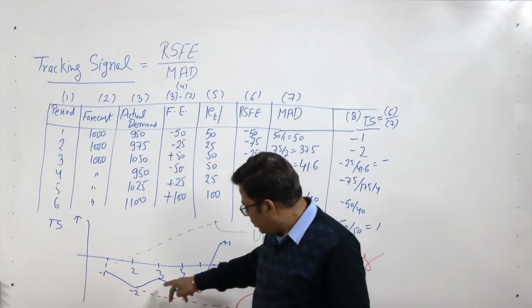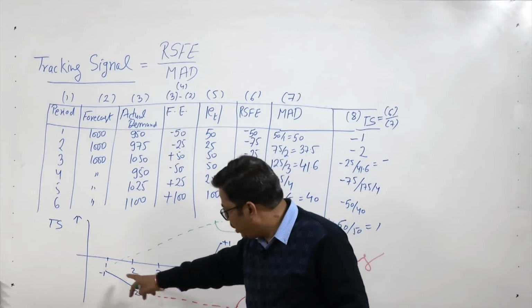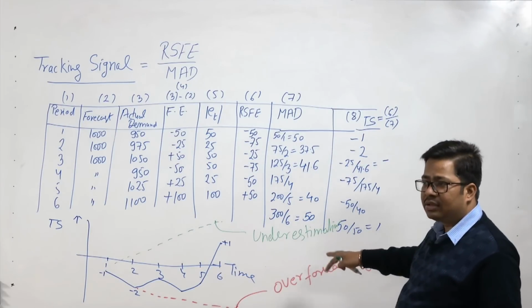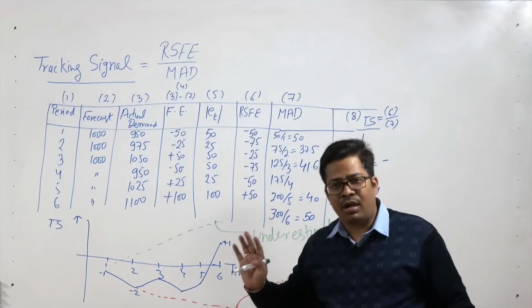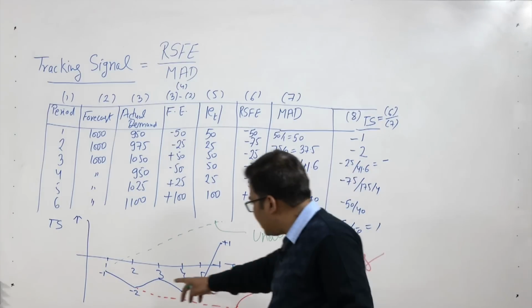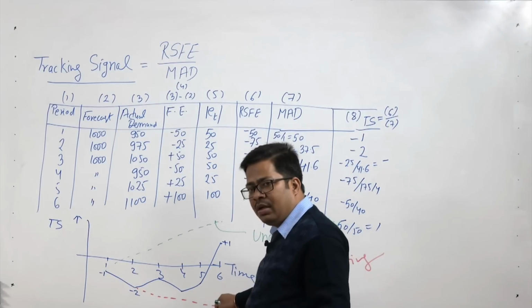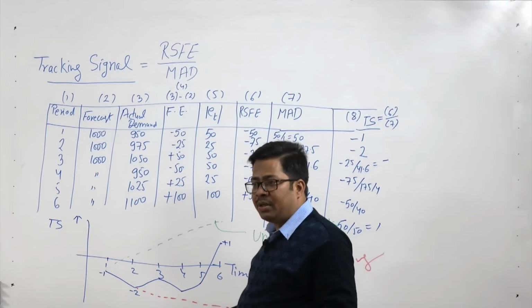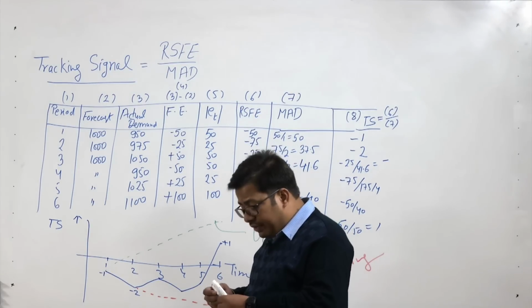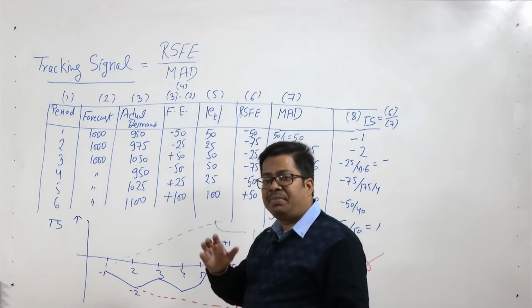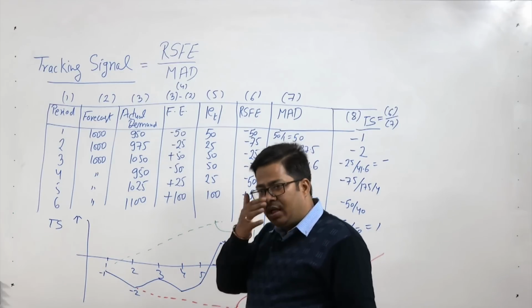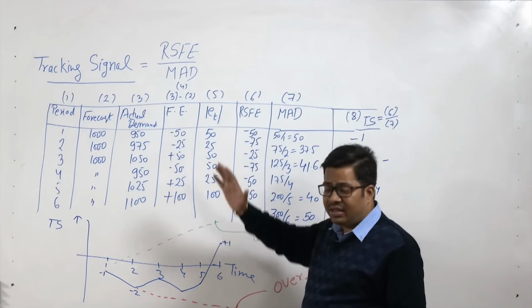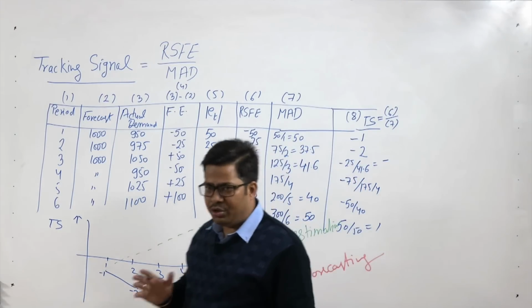Still, if you see this blue line, the line which we got as a result of this data, that line is still acceptable, because there are certain fluctuations in this line. But if fluctuations are not there, we will not be able to accept, or we will say that our forecasting model has some type of biasness, and that is not desired. So for that reason, this tracking signal is a very important tool.